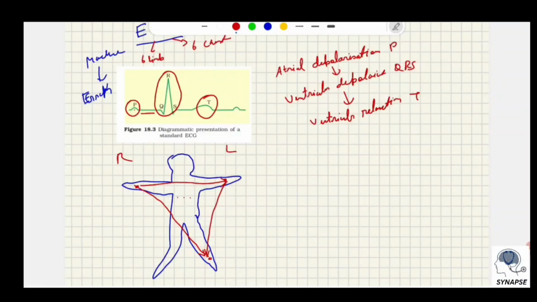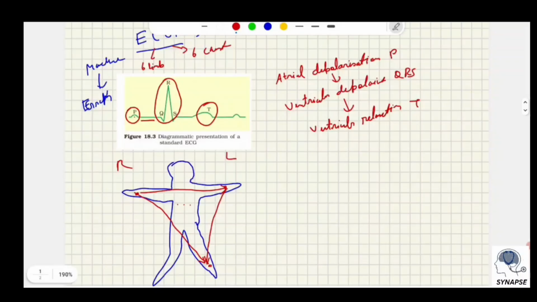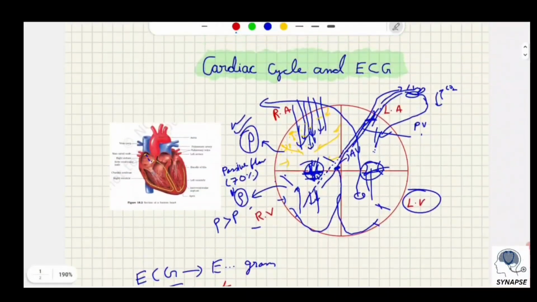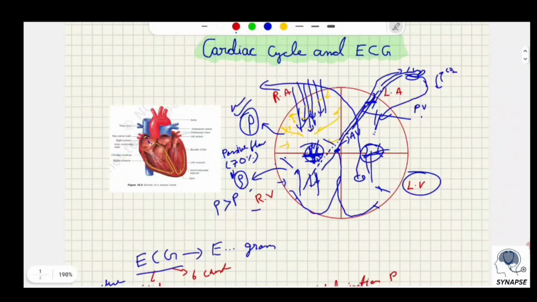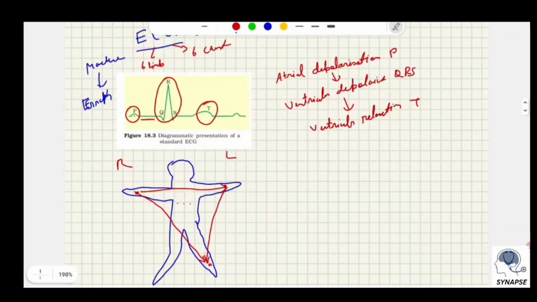What does it mean? The end of systole means the ventricle has come under complete diastole, the joint diastole. So it is a state in which the cardiac cycle is complete, and another cycle will start.